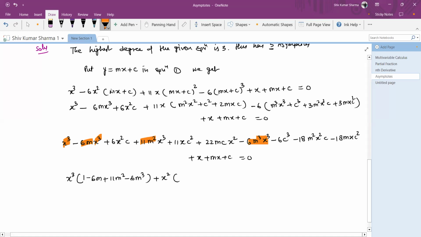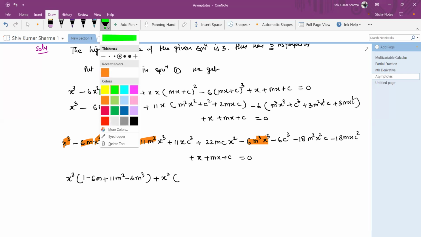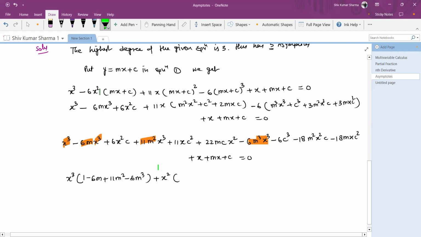Now we move to the second highest, x square. So you take the coefficient of x square terms. So coefficient of x square is 6x square c, so we write down 6c. Next is 22mc.